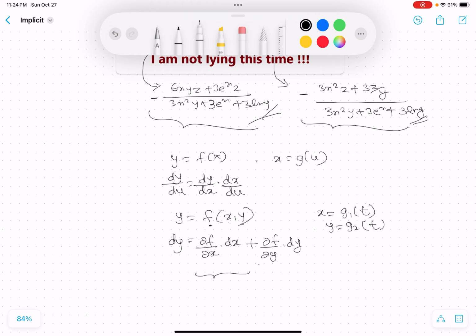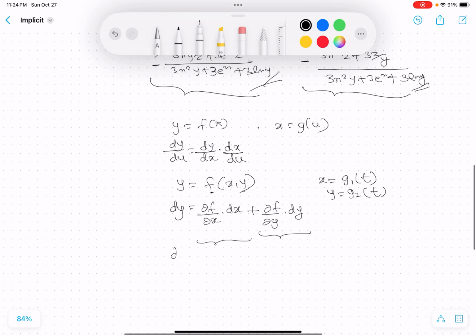This sum gives us dy. Now if I want to differentiate with respect to t, it's the same as dividing everything by dt, and we get our expression, right? This is not a rigorous proof, but it is good for the analogy or the idea.